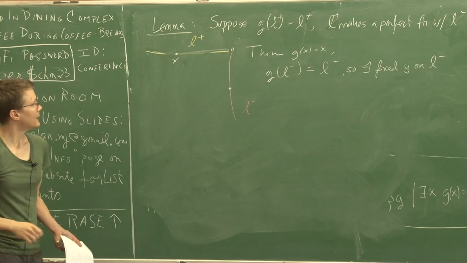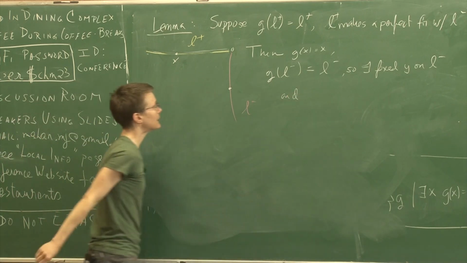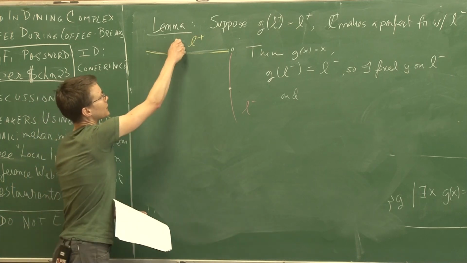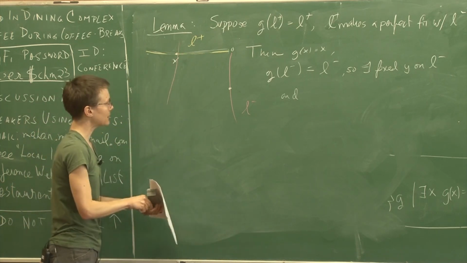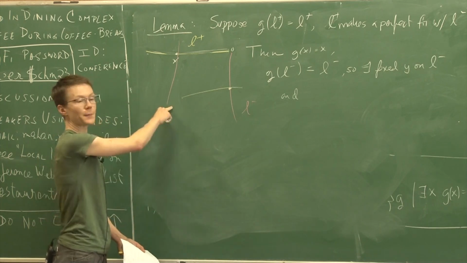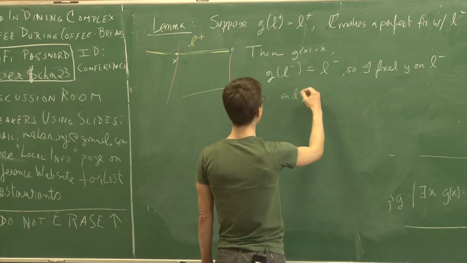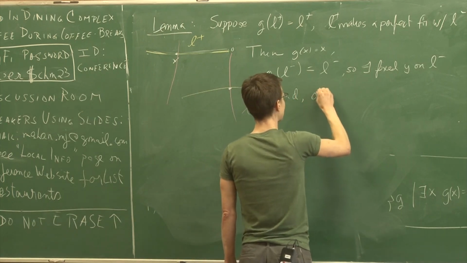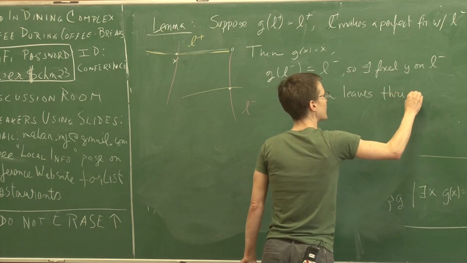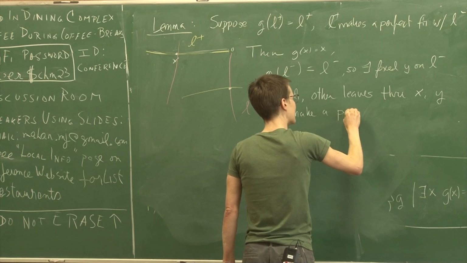And the opposite foliation leaves through X and Y make a perfect fit. And my last piece of conclusion, other leaves through X and Y make a perfect fit.